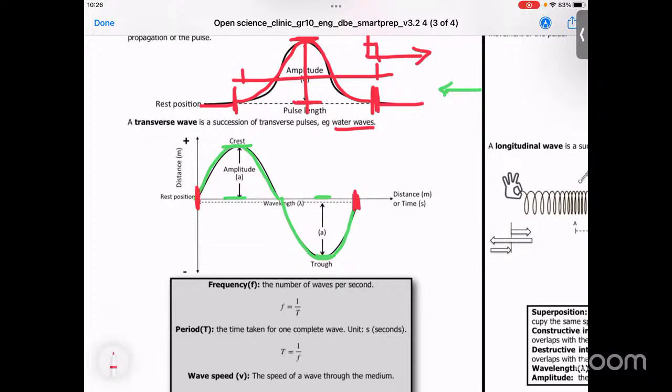The highest point is referred to as the crest, and the lowest one, the trough.